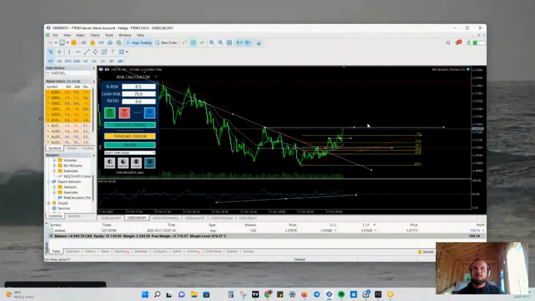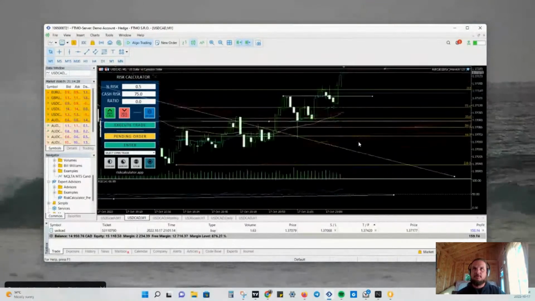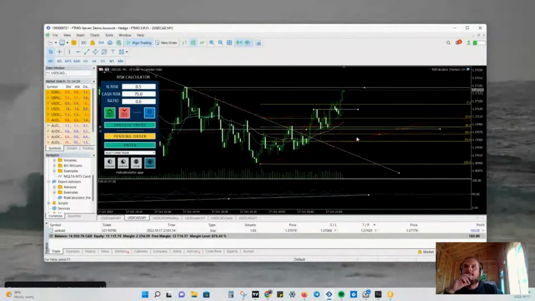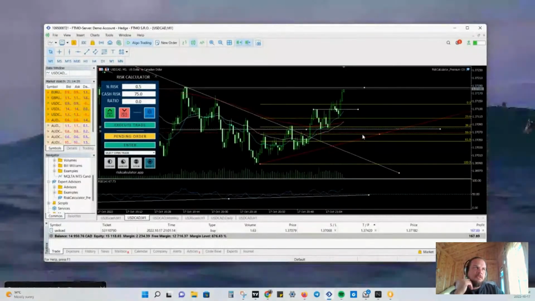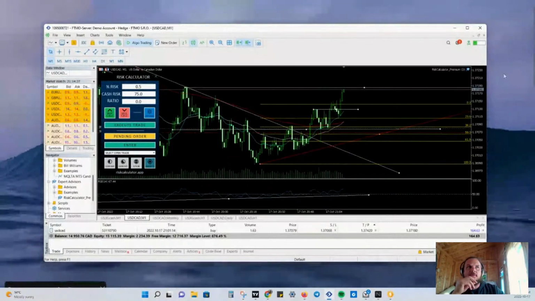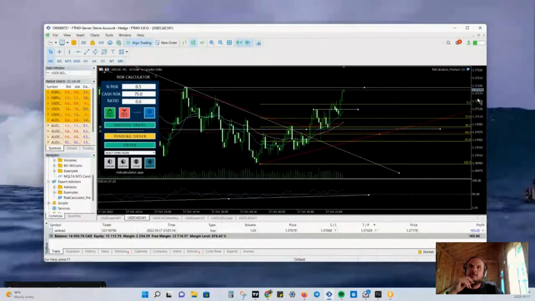Yeah, bust through it and make that a support. I'll be quite bullish for sure. On the 1 hour, we are 15 minutes in the hour and candles engulfing so far.